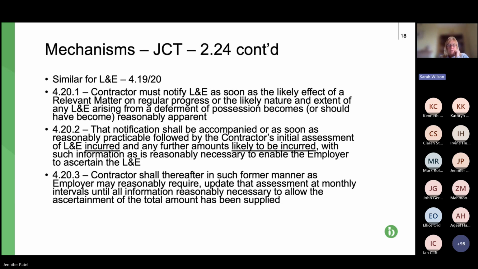And then at 4.20.2, the further notice stating the sums incurred, etc., should be provided. And then 4.20.3, that sort of regular update to notify how it's going, basically. Next slide, please.